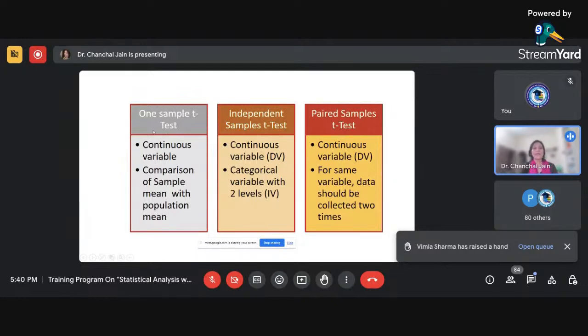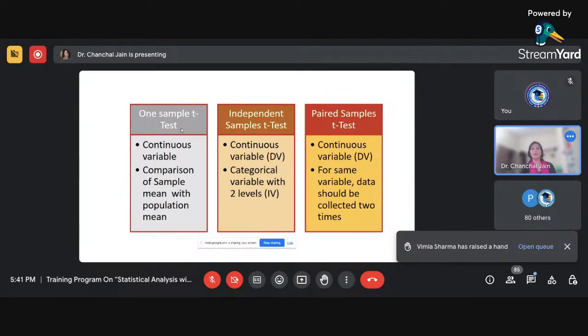Now, if I talk about one sample t-test, this point is very important for all of you. So I want to draw your attention to this point. If you are involved somewhere else, please look at the screen and try to understand what I'm saying to you. Because once you understand when we can apply the t-test, you need to have the knowledge of these points. Because whenever you have research data, generally we feel helpless about which test we need to apply on the data.